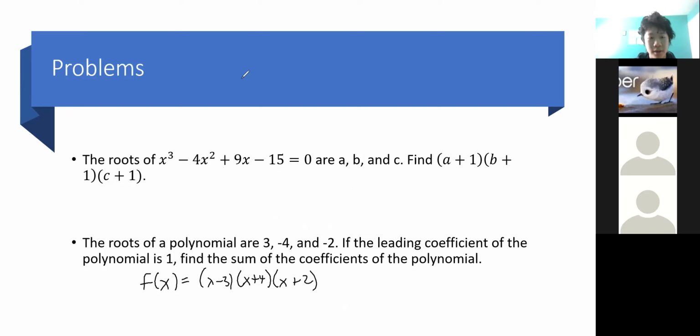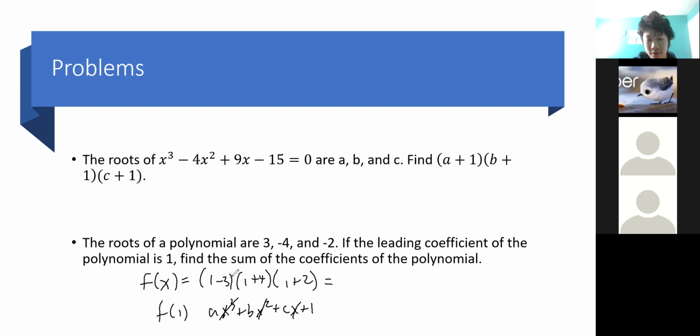So if this was in expanded form, we would have ax cubed plus bx squared and so on. If we plugged in 1 here, f of 1, all these x's would go away. All we have left is the sum of the coefficients, right? a plus b plus c plus d. So all we really need to do is plug in 1 here, so replace these x's with 1s. We don't even need to expand it. And this will give us the sum of the coefficients.